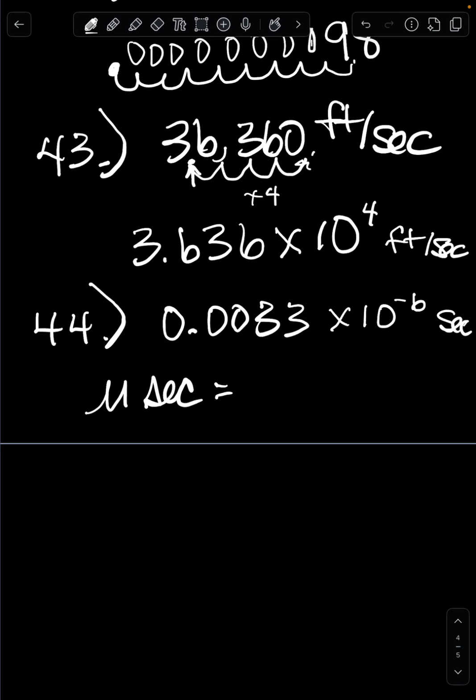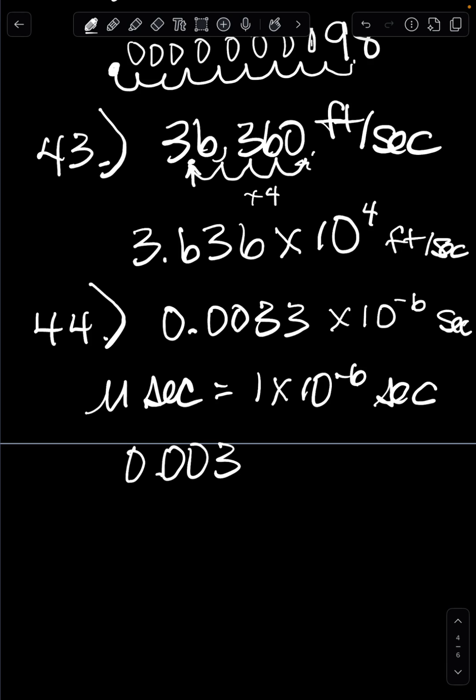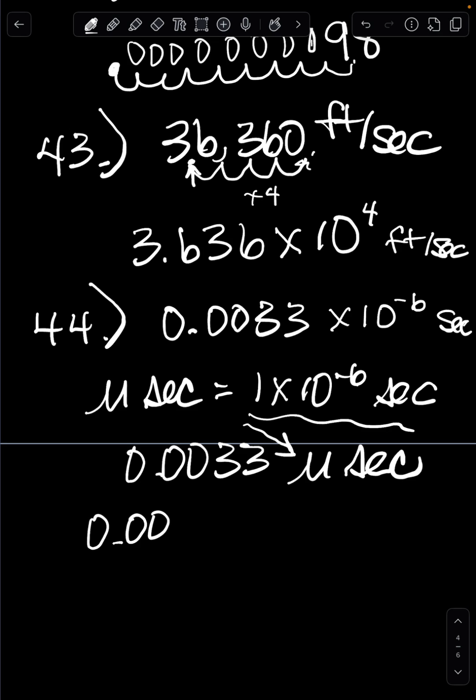Microsecond equals 1 times 10 to the -6 seconds. So when they wrote this down, 0.0033 microseconds, I just substituted this down here for microseconds, since that's what a microsecond equals.